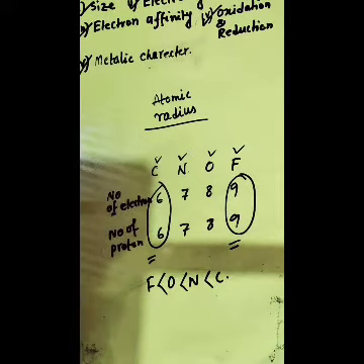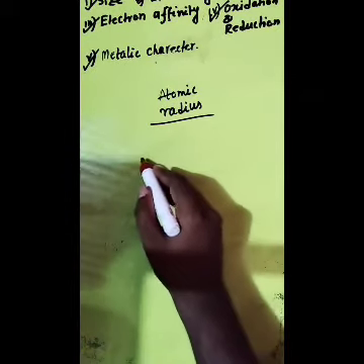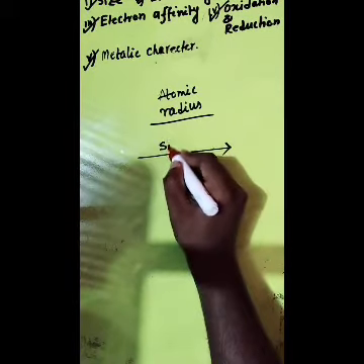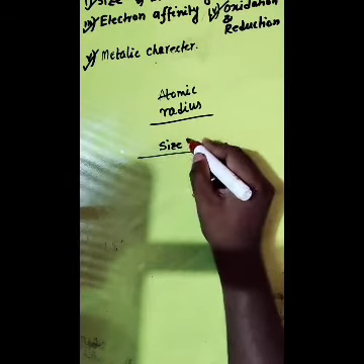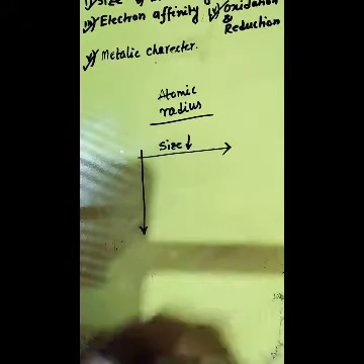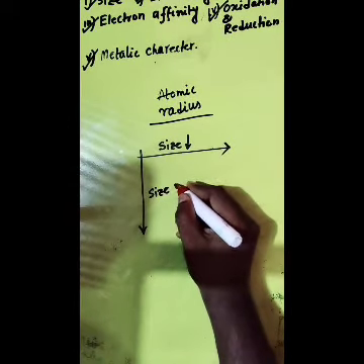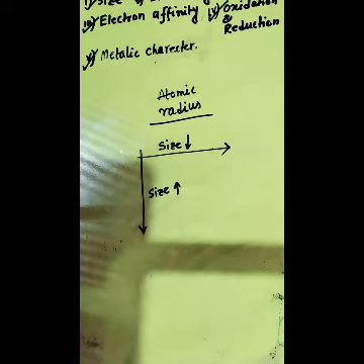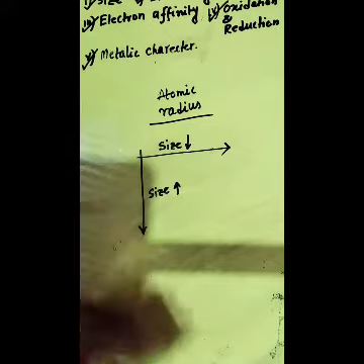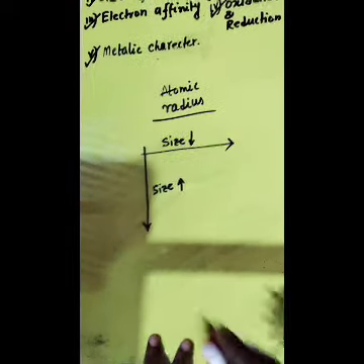So this is the size order. So we can say if we move from left to right in the periodic table, the size of the element decreases, and if we move from top to bottom, the size of the element increases. Clear?